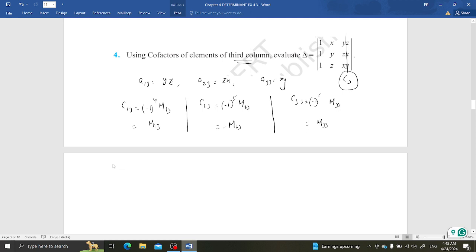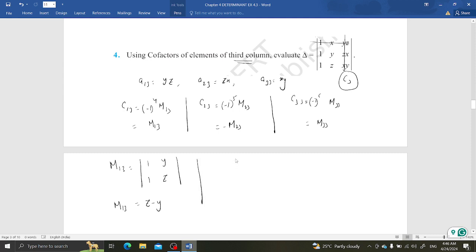What is our M13? See, M13 means first row, third column removed. We are left with 1 Y, 1 Z, and we are getting Z minus Y. Okay.